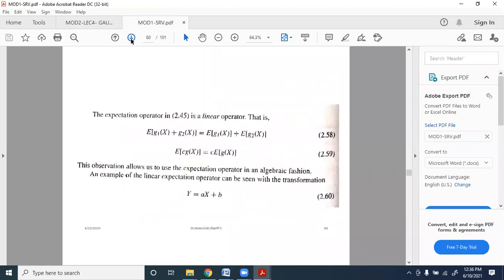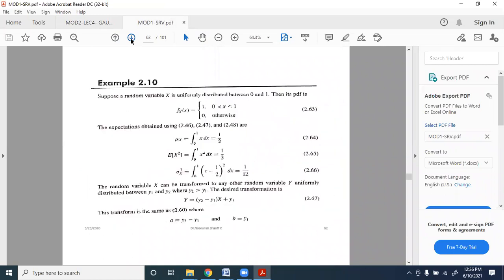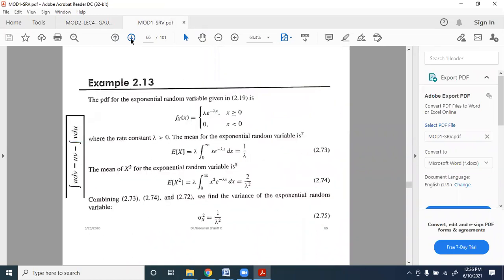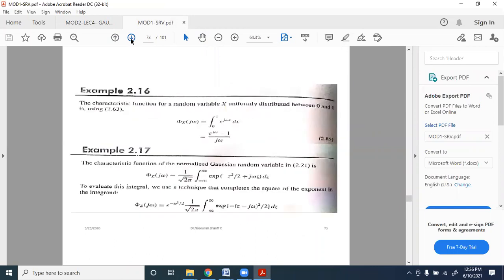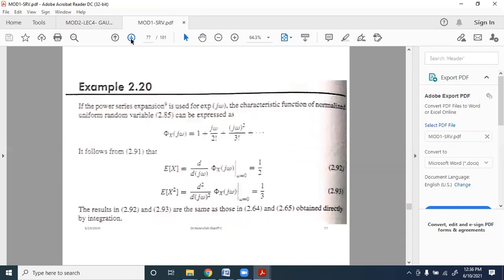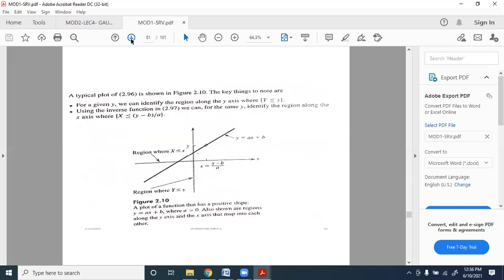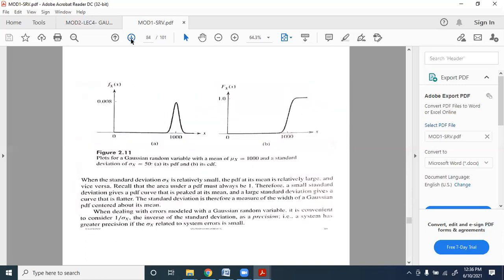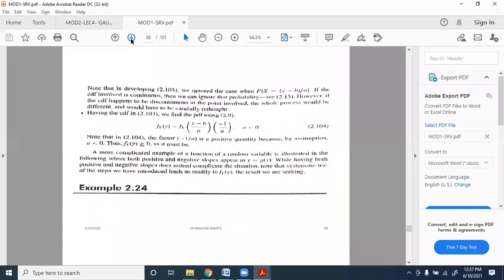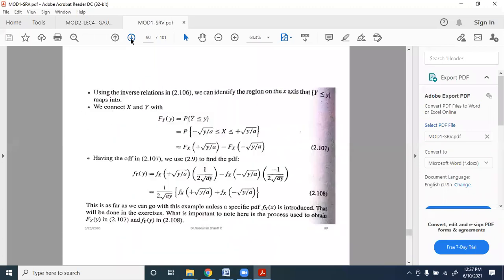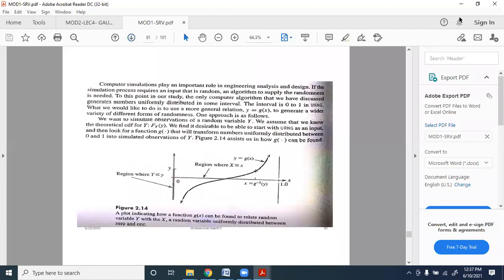If you take the Gaussian, I think we should go for Gaussian distribution. Okay, we can take it directly from here itself.